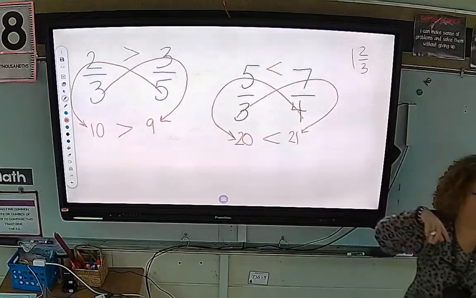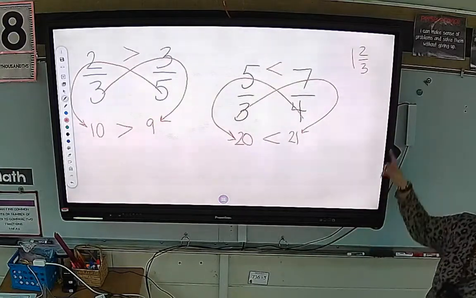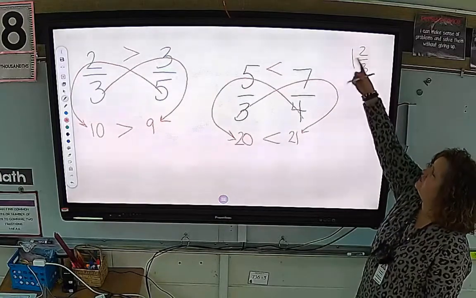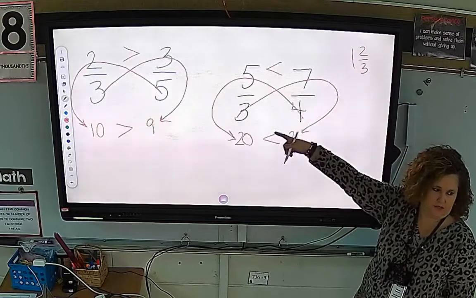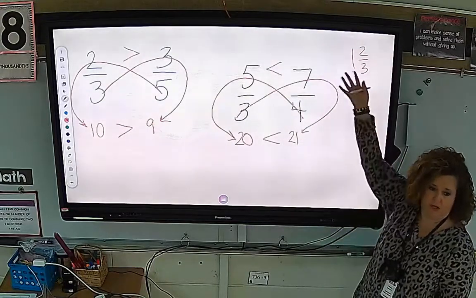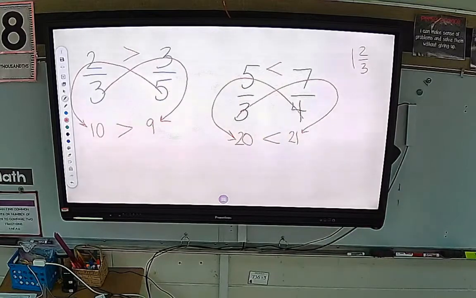And I was like, oh, skip that one. We'll prepare for that later on. Okay. Because you have to change these into improper fractions for this method to work. Okay, so actually tomorrow we're going to be changing these into improper fractions. Okay, but it still works with improper fractions.